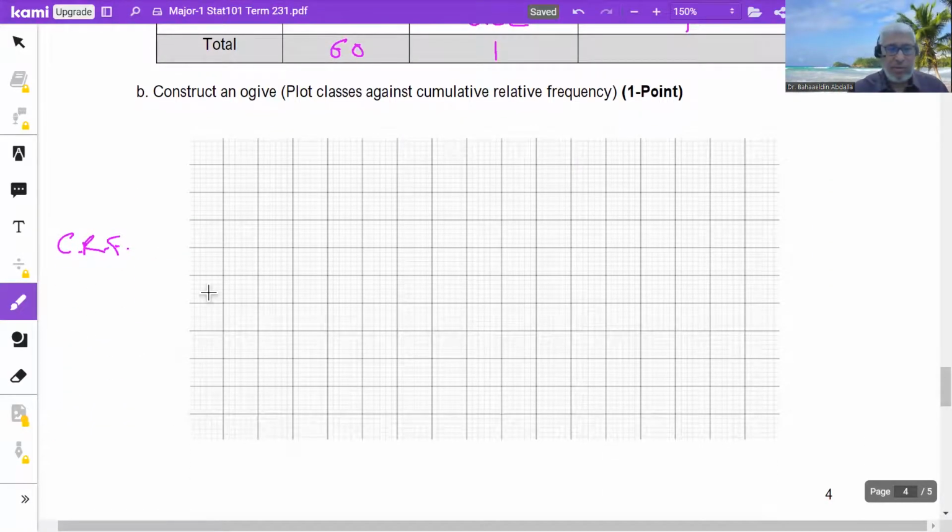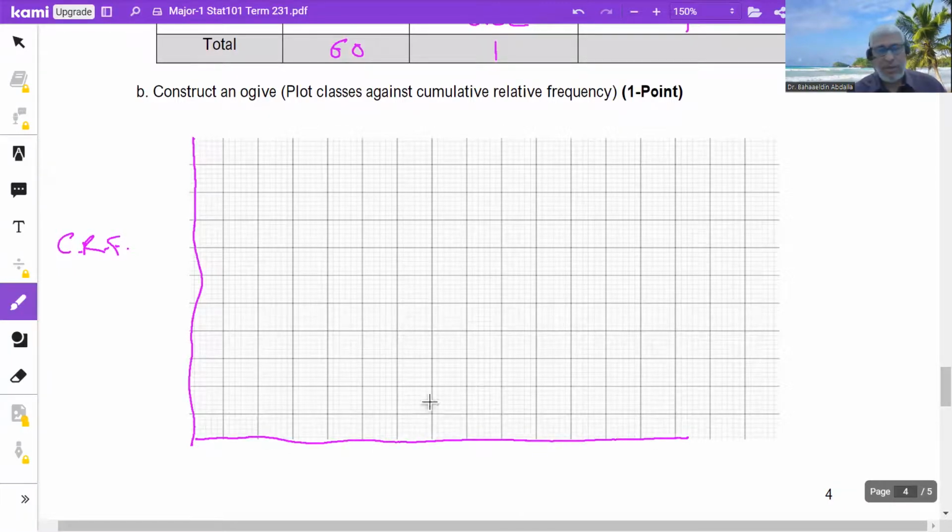So okay, let me draw. This is the y-axis, and this is the x-axis. Here, let us say this is 0.1, 0.2, 0.3, up to 0.9, and this is 1.